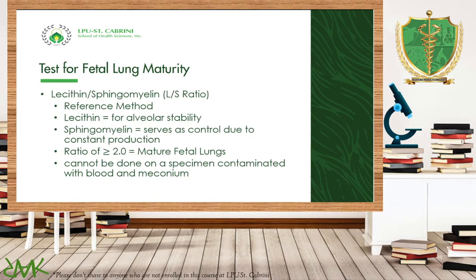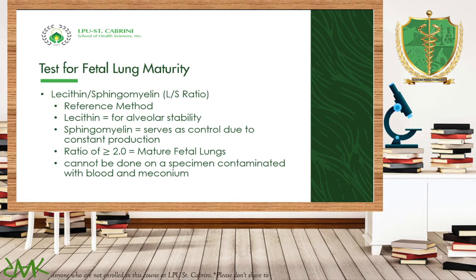Alright, we also have your lecithin and sphingomyelin or L/S ratio, which is the reference method for the test for fetal lung maturity. Take note, guys, that lecithin is for alveolar stability and sphingomyelin serves as the control due to its constant production.